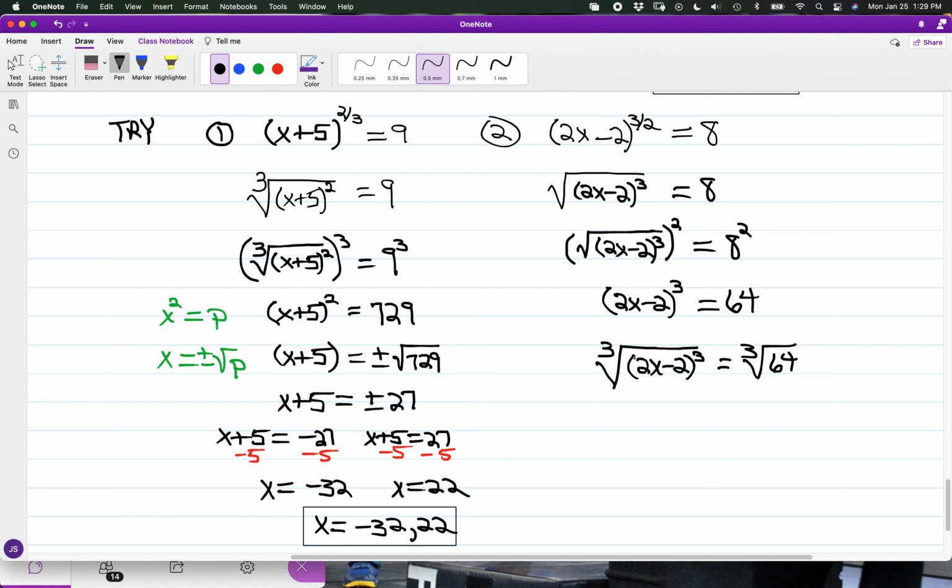In this one, the left-hand side becomes 2x minus 2, and the cubic root of 64 will be 4. So for x, if I add 2 to both sides, I will have 2x is equal to 6. And with division by 2, we have one solution for x, and that is going to be 3.